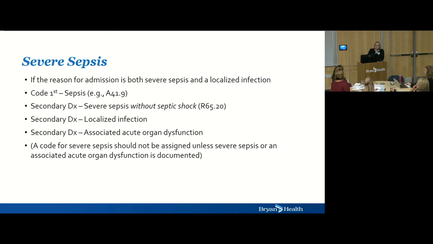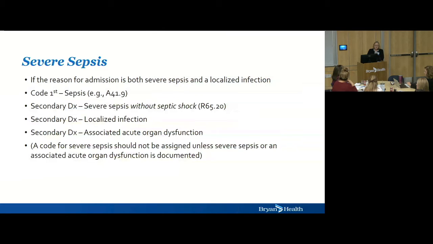The rules with severe sepsis: if a patient is admitted with both severe sepsis and a localized infection, the first listed code on the bill is sepsis, followed by a secondary diagnosis of severe sepsis without septic shock, then the localized infection, and then the associated organ dysfunction.